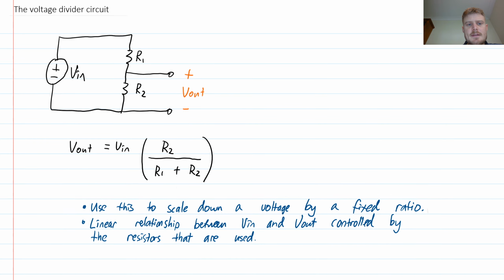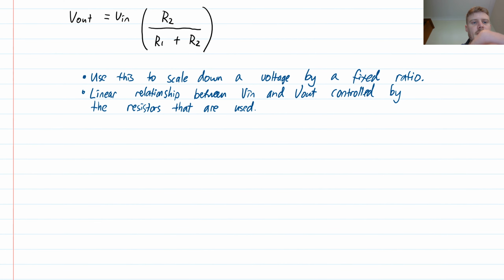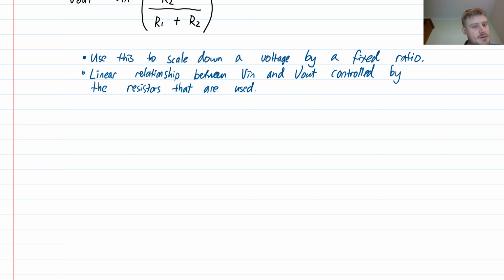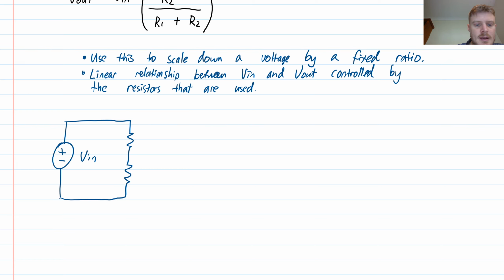So another way that I can write this, which you might find useful as far as trying to memorize this pattern, goes like this. So if I have my input voltage and the two resistors that make up my voltage divider circuit, and I define my output voltage to be here, then I can call this one R out, which is the resistor across the output.